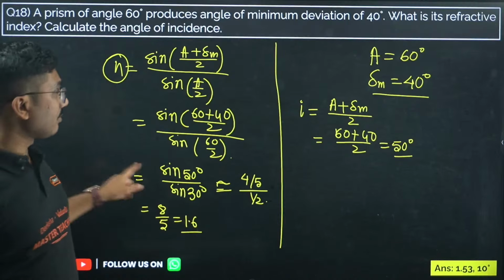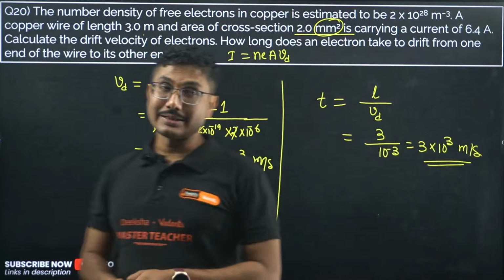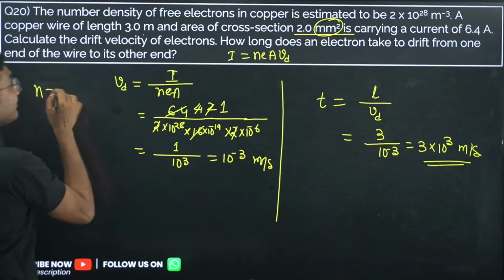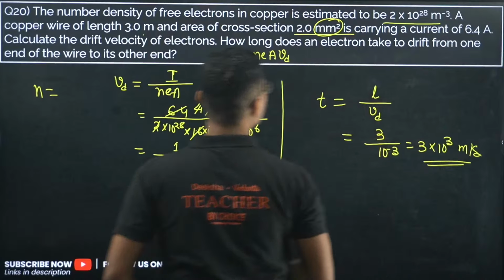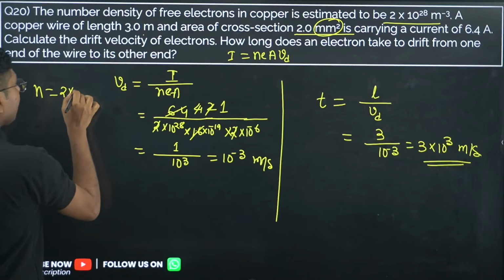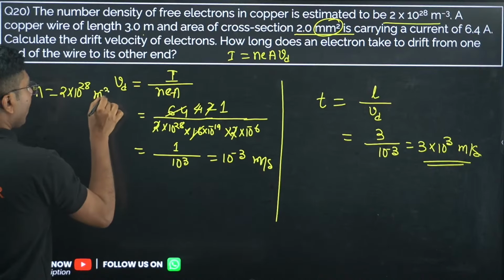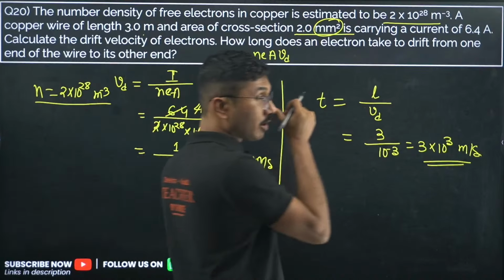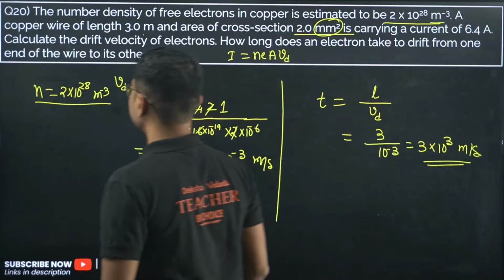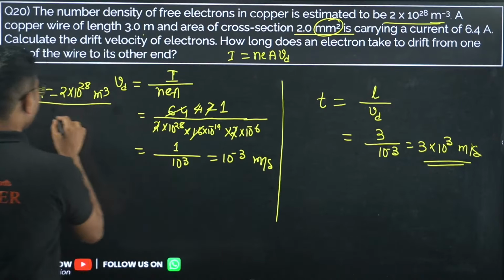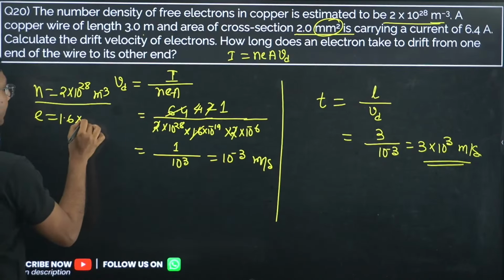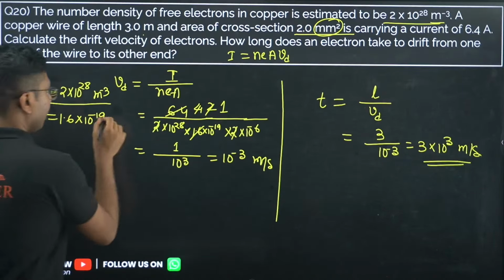Question number 20. Current in terms of drift velocity is given by NEAVD. N is number density. Number density of free electrons is given as 2 into 10 to the power of 28 per meter cube. Per meter cube means per unit volume, so the number of electrons per unit volume is N. Charge of an electron is well known, 1.6 into 10 to the power of minus 19 coulomb.